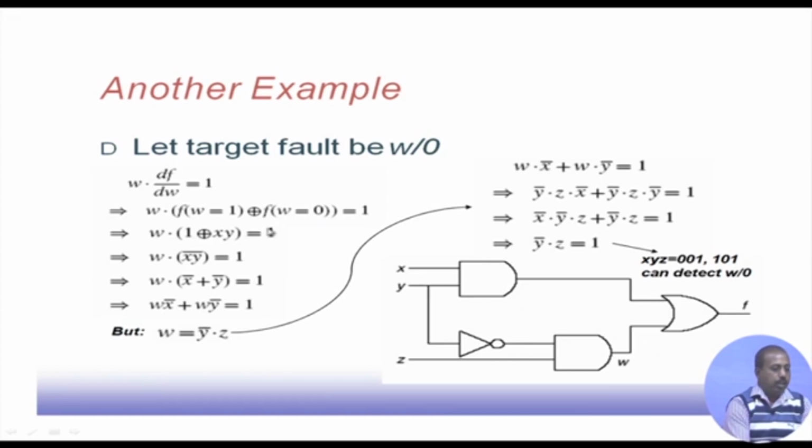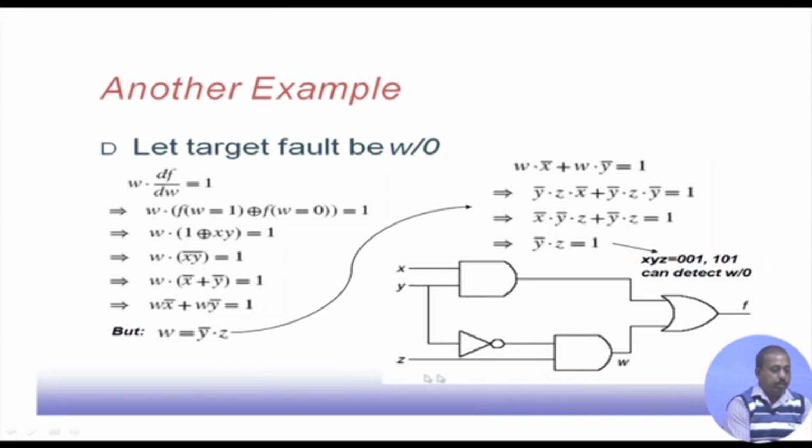So, it is 1, and w equal to 0, this puts the value to be equal to this xy. So, this is coming here. So, it is 1 XOR xy. So, it is xy bar. So, w and xy bar should be equal to 1. So, we just expand it by De Morgan's law. So, we get w x bar plus w y bar equal to 1. So, this is the condition.